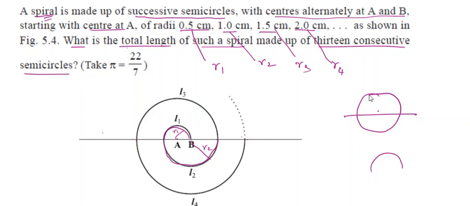The total circumference of one circle is 2 pi r, and what about the semicircle, that curved length? It is 2 pi r divided by 2, so you get pi r. Are you able to understand this? So pi r. Okay, right.